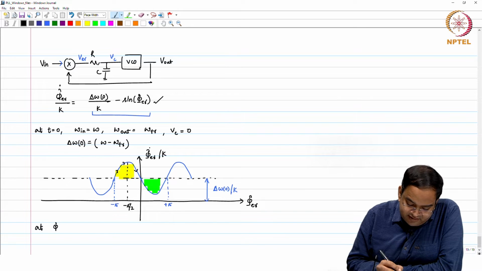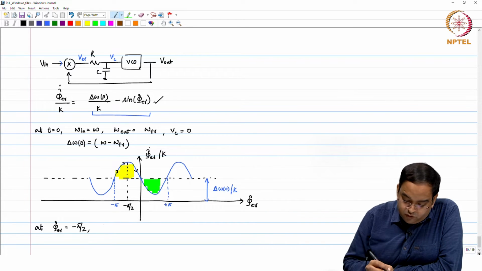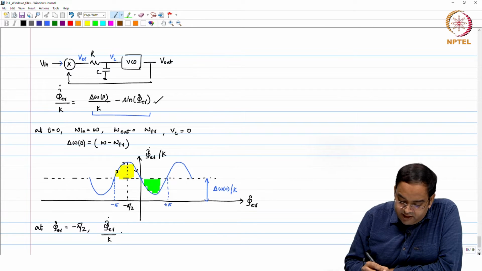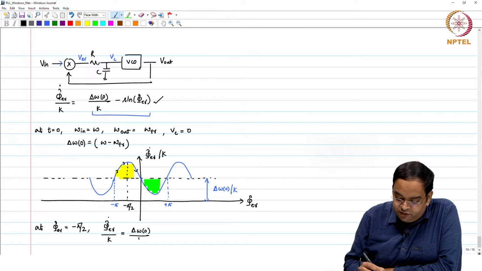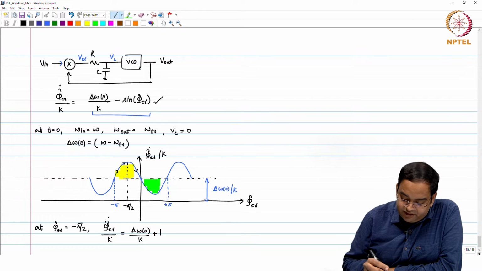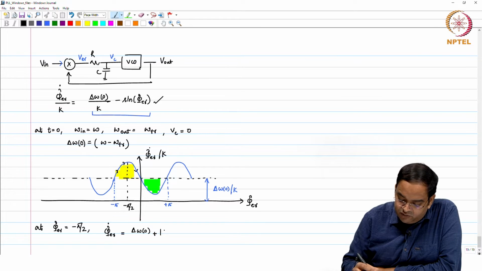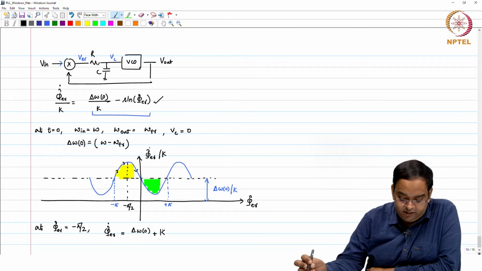At phase error equal to minus pi by 2, what you see is phase error dot by k is equal to, you can work this out, this is nothing but delta omega 0 by k plus 1, or the other way you can say, I will just remove the k from here and say that the rate of change of phase error with respect to time is delta omega 0 plus k.